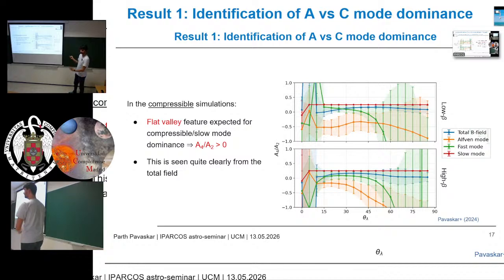If it's okay to continue. I don't know where I was, but I assume I was telling you that the total B here matches much more nicely in the compressible case than it does in the non-compressible case. Here I would ask you to compare the blue line with the red line, slow mode, which we know for a fact dominates the compressible simulations.